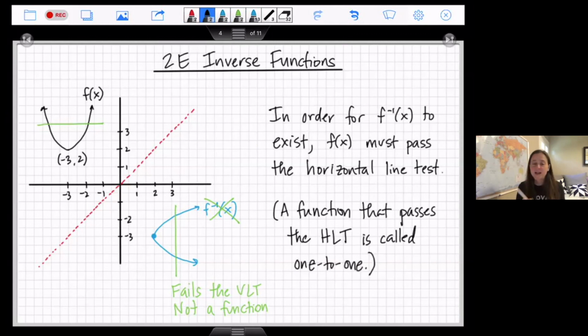All right, so a function has to be one-to-one in order for its inverse to exist. It turns out that we are so desperate for inverse functions that we will actually chop our graphs up to force them to pass the horizontal line test so that we can find their inverses, which is what I'm going to show you in part when we meet together in class.